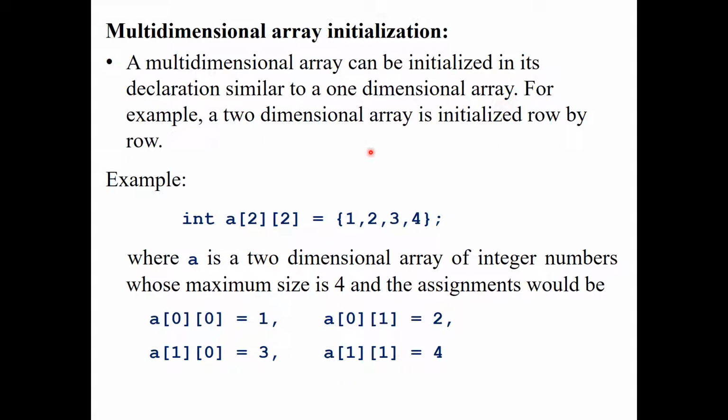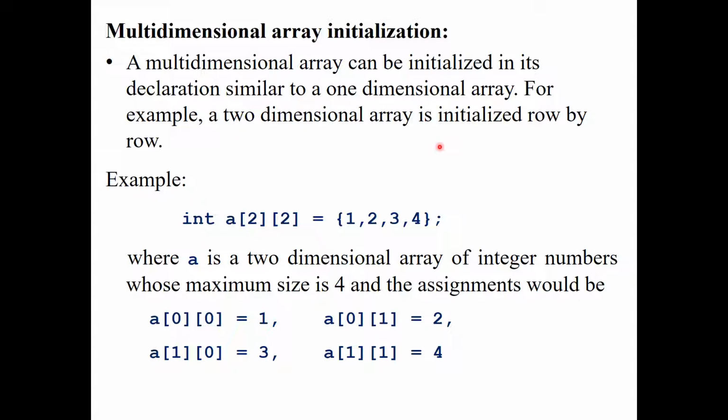How do you initialize a more than one dimensional array? If you remember, we discussed how to initialize a 1D array. Now, in a similar manner, with a subtle difference, a multidimensional array can also be initialized. Let's see this example. The only difference is a 2D array is always initialized row by row.